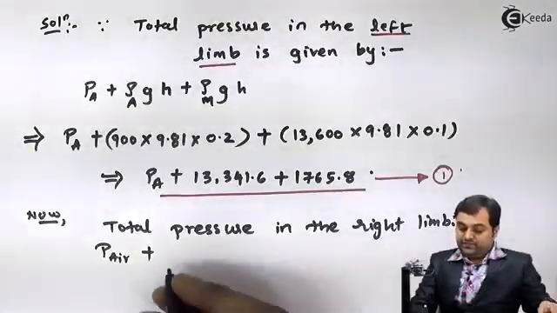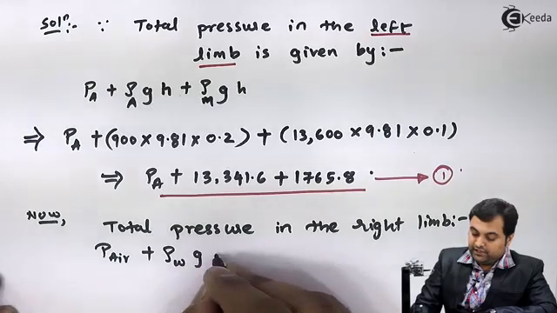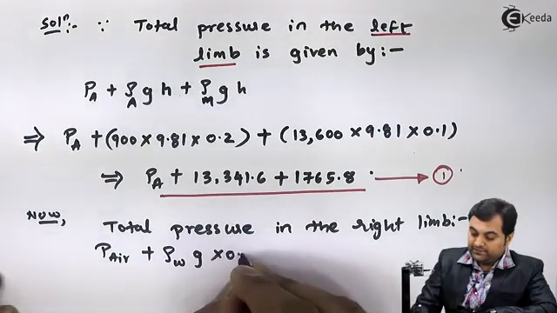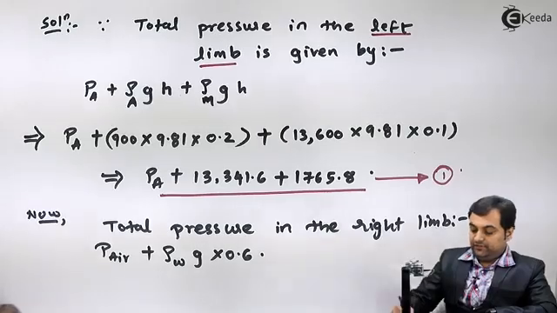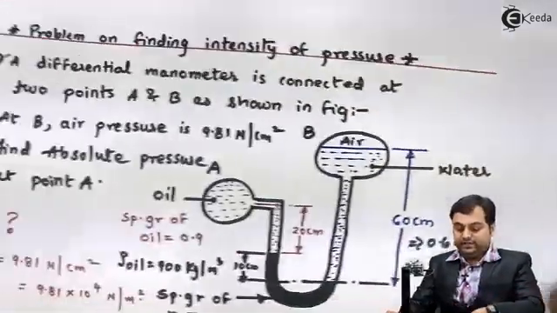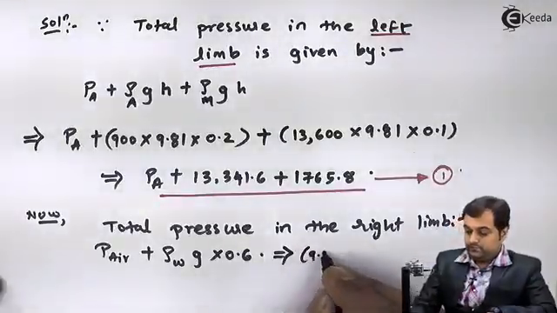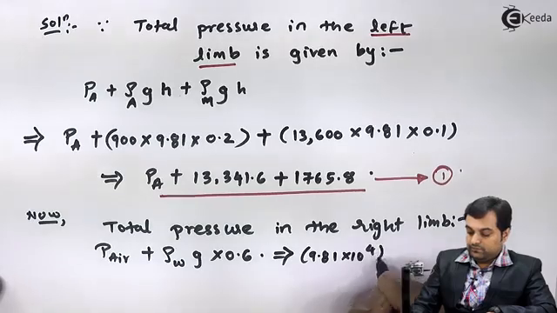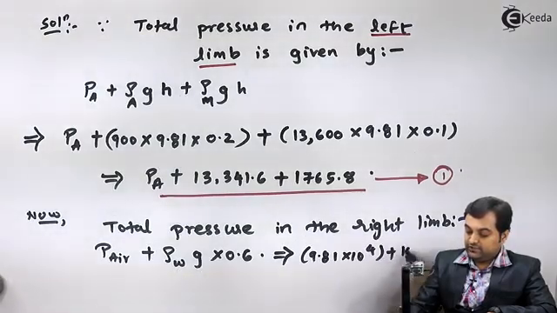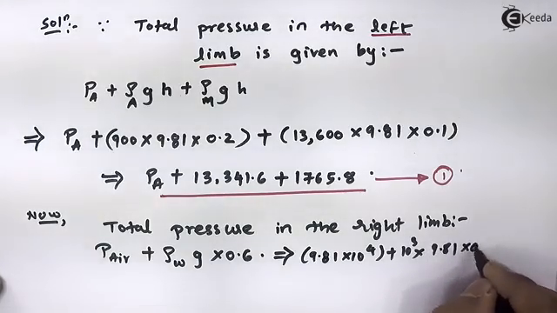So I'll write the pressure exerted by water, that is rho of water into G, its height is 0.6. So therefore here I'll put the values. Pressure of air is given in the question. It is 9.81 into 10 raised to 4 plus density of water is 1000, we know the value, into 9.81 into 0.6.